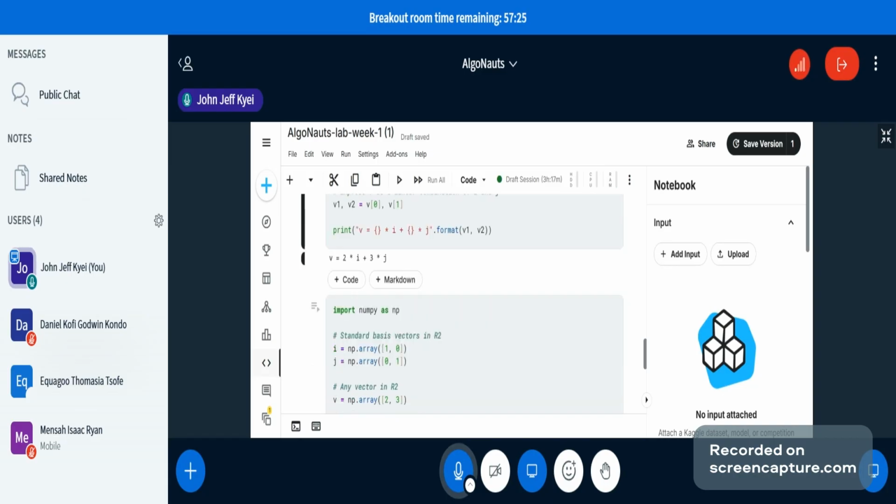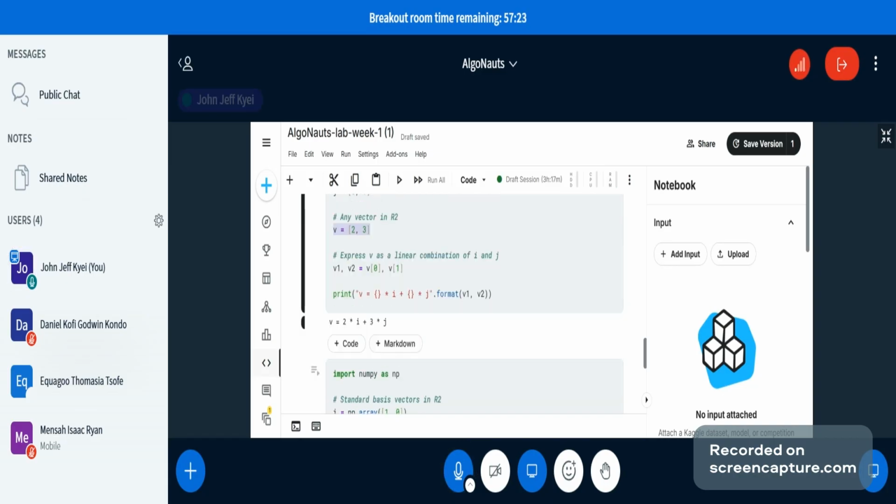Okay, so let me use this analogy. Let's say you want to give directions to someone, right? Let's say you're in a city, maybe you're in Accra, and you want to give directions to someone who wants to go to an imaginary place.